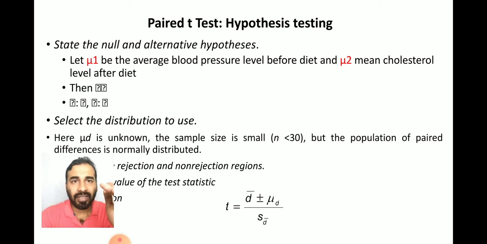Here there will be two means, mu1 and mu2. Mu1 is the average blood pressure level before the diet, and mu2 is the mean average blood pressure after the diet. Not the cholesterol level, but the average blood pressure after the diet.